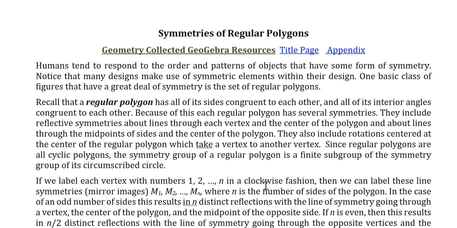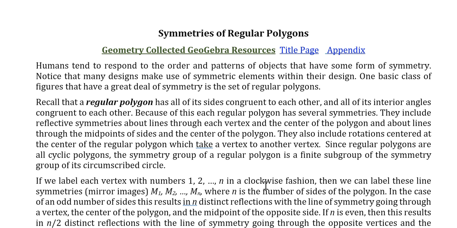It's the intersection of the angle bisectors, which makes it the center of an inscribed circle, the incenter. It's also the intersection of the perpendicular bisectors of the sides, which makes it the center of a circumscribed circle. Those are the same center. That's the center of the regular polygon.